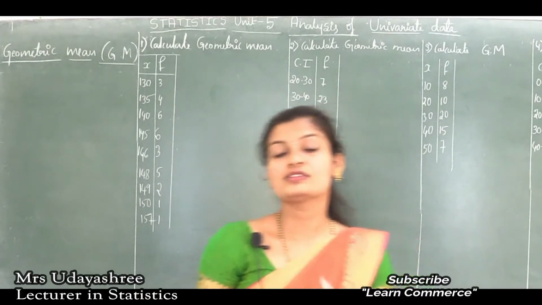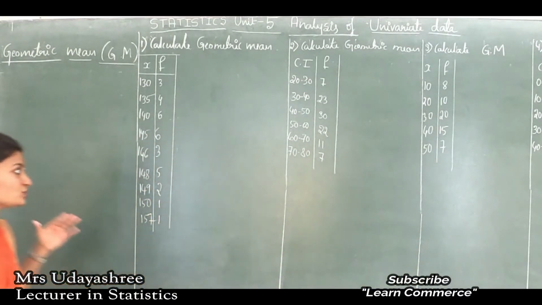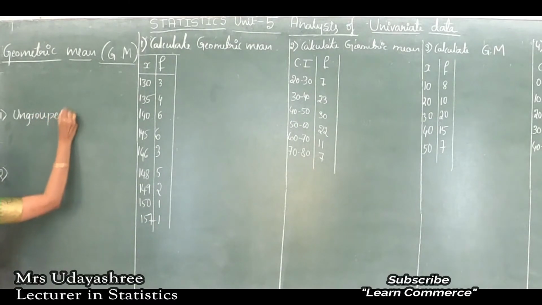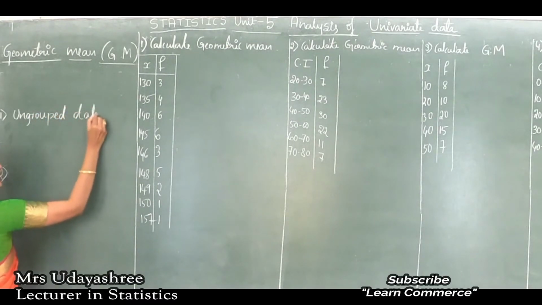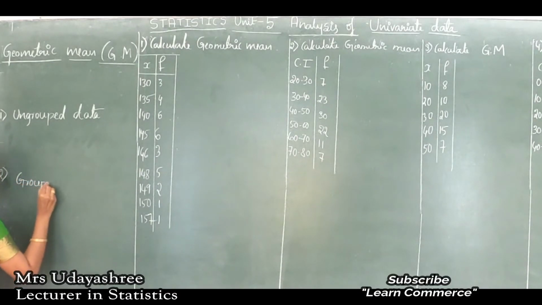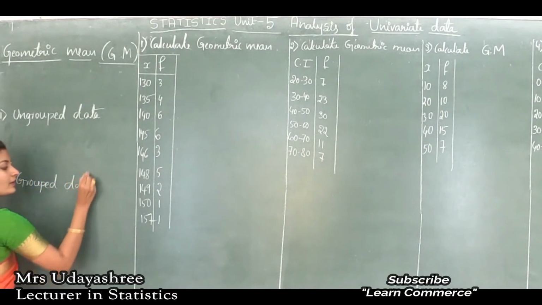Let's start. We know that in calculation of geometric mean there are two cases: case 1 is ungrouped data, and case 2 is grouped data.